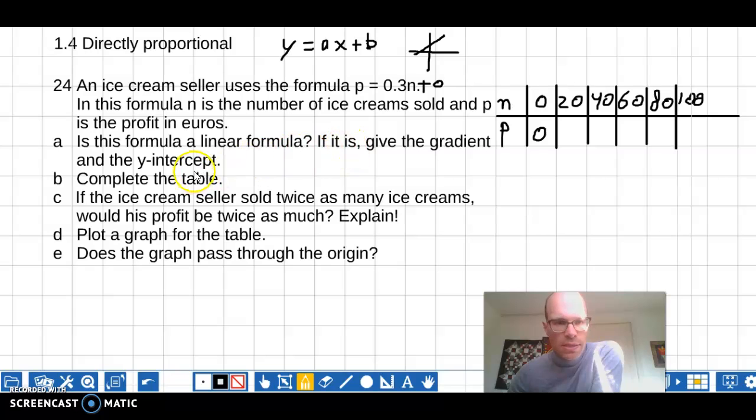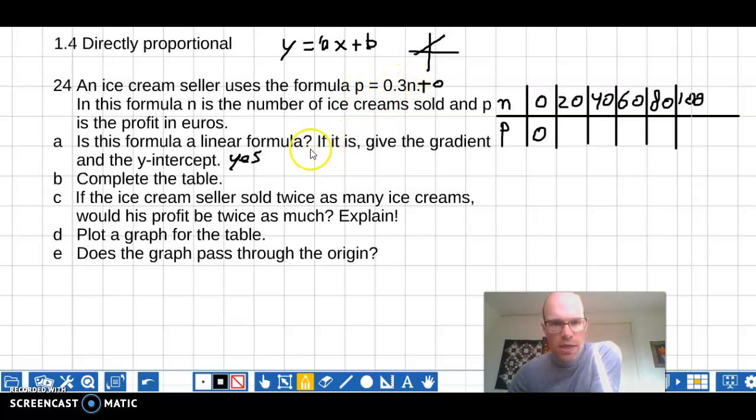So it is a linear formula, yes. And what is the gradient and the y-intercept? In the general formula for a linear equation, the number before the x is the gradient, and the number afterwards is the y-intercept. This is the gradient because this is the y and this is the x.